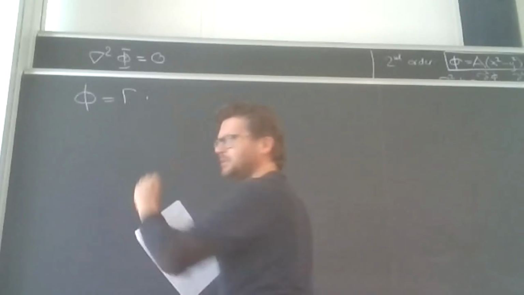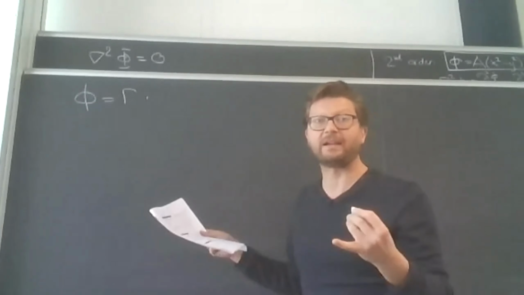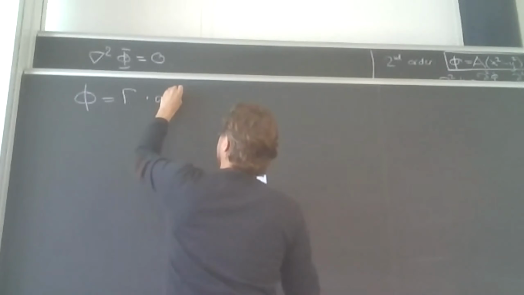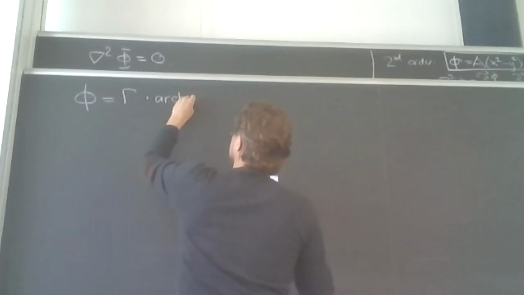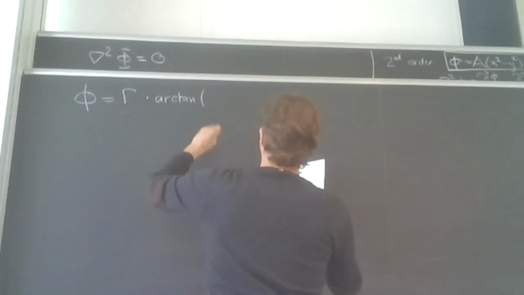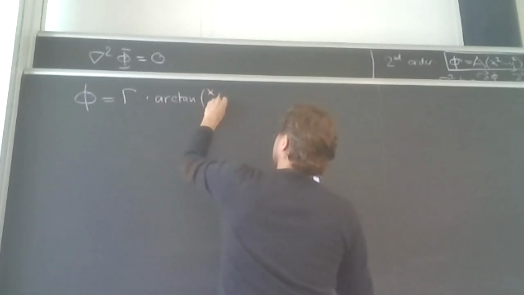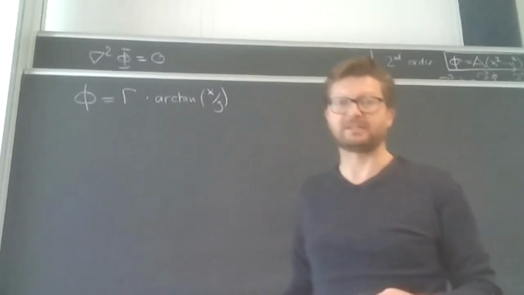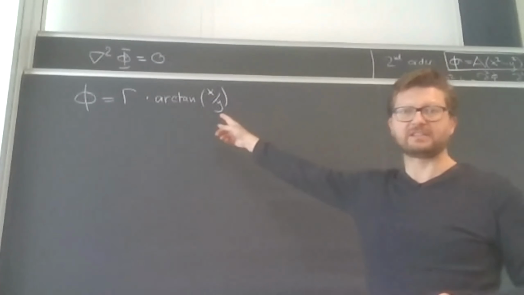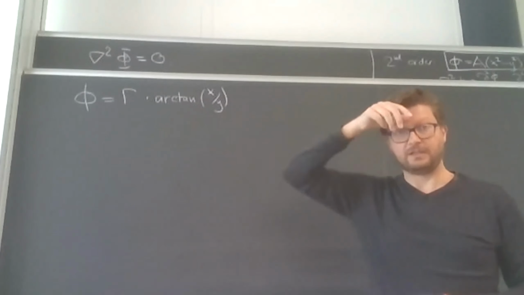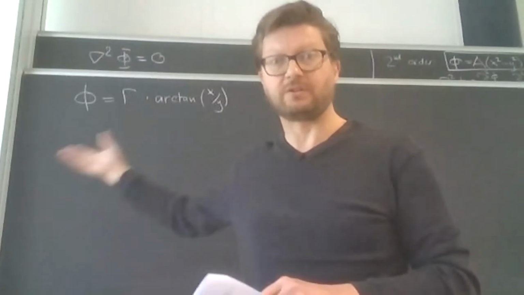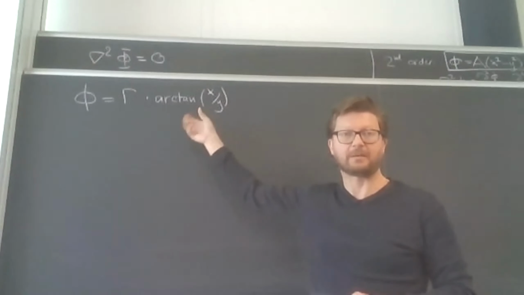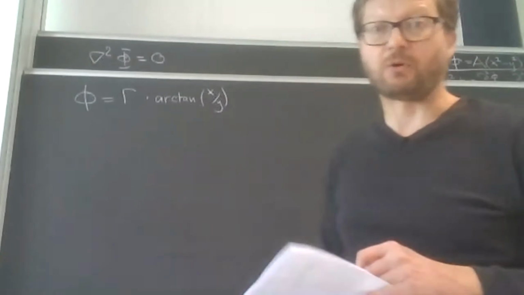Gamma is just a factor, it's just the strength of the vortex, times arc tangent of x over y. This is a solution to the Laplace equation. Maybe not so obvious, but you can look in your books or use Mathematica to take the Laplacian of this function. You see the Laplacian of this function is exactly 0.